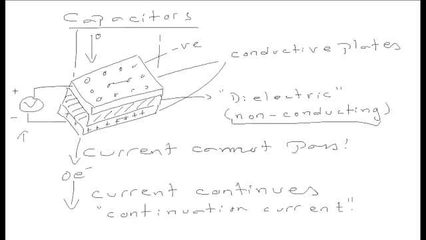The key idea here is that now that there's a difference in charge between the two plates, there's actually this voltage between them. The energy is stored because there's a difference in charge between the two plates. Since charge accumulates on the capacitor, we can actually quantify it, we can measure charge, and it turns out that charge is actually proportional to the voltage between the two plates.